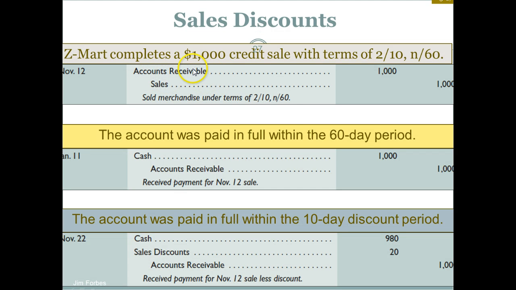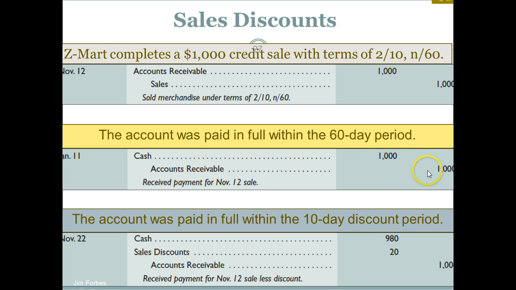And so you're going to have the same thing, only now you're offering terms of 2/10, net 60. So you notice these numbers can change. There's nothing fixed here. This is all negotiated between the buyer and the seller. And here they're offering terms of net 60 days, and you want to speed that up by 50 days, you notice. And so again, the account was paid in full within 60 days.